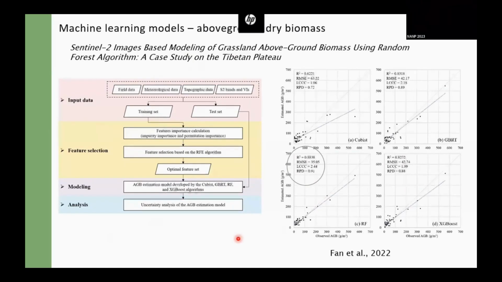And here is the model validation. Then you can see that in these papers, the authors used several regression tree types of machine learning, but the random forest was the most precise one.